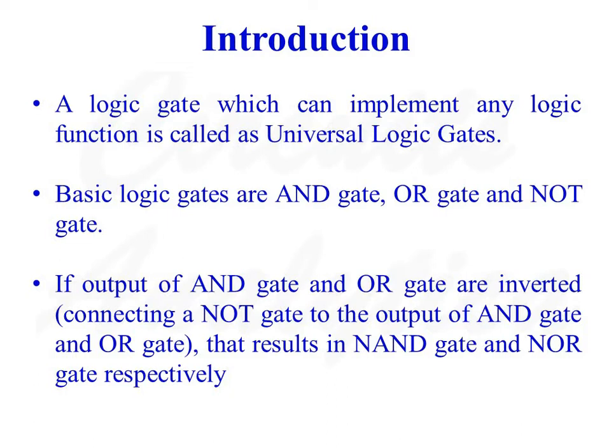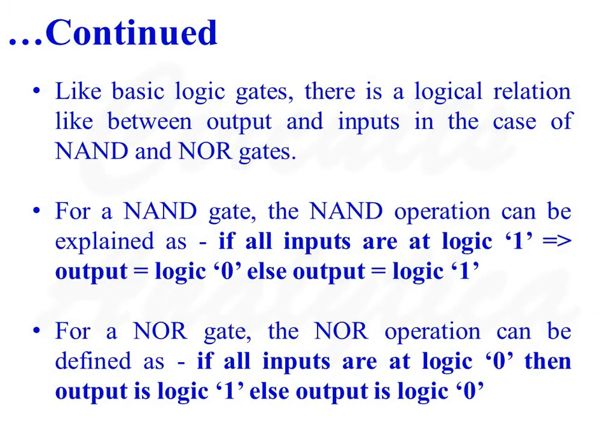If the output of AND gate and OR gate are inverted, that results in NAND gate and NOR gate respectively. Like basic logic gates, there is a logical relation between output and inputs in the case of NAND gate and NOR gate.